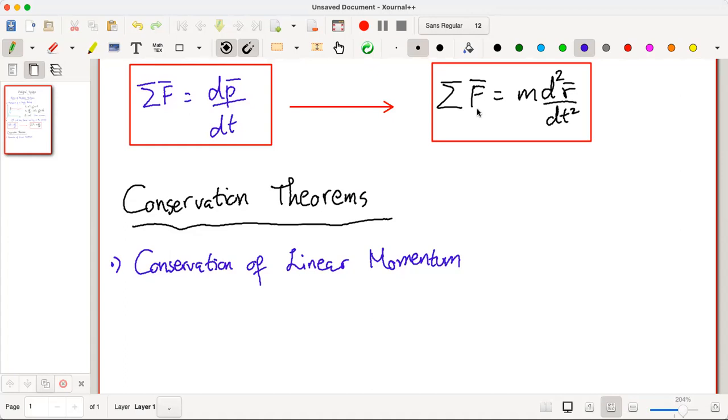Either one, if the sum of F is zero, then the right-hand side is zero, right?